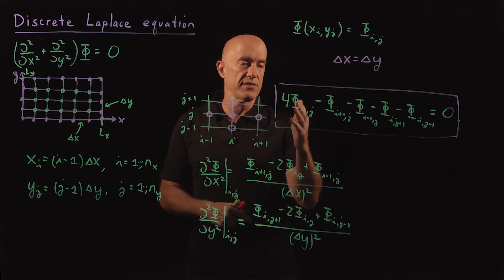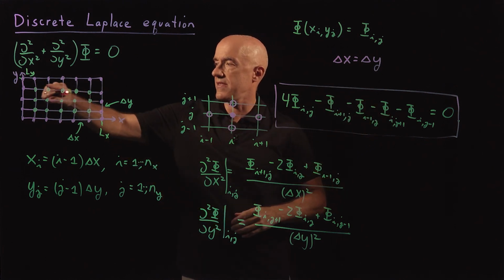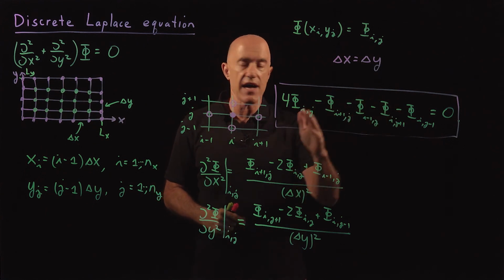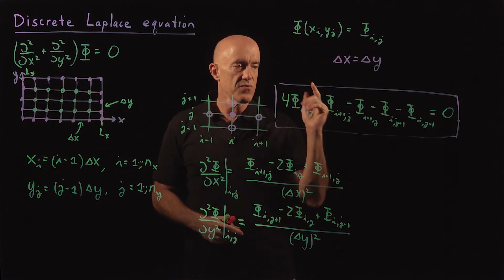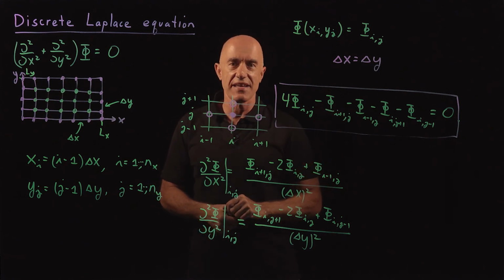The goal then is to solve this for phi values that are interior to the domain given the phi values on the boundaries. We still have a lot of work to do, and we'll do that in the next few videos.